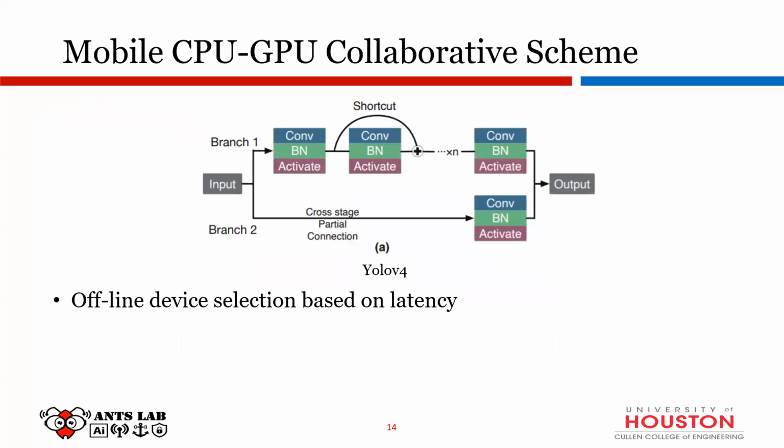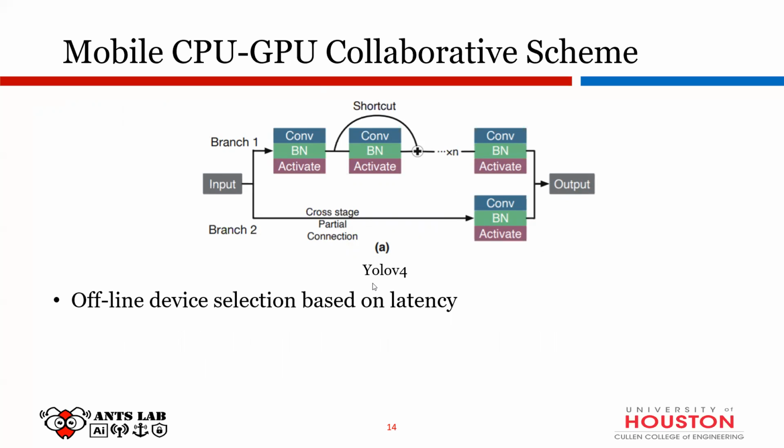And the next is the mobile GPU and CPU collaboration. Usually in mobile devices, such as a smartphone, the CPU and GPU can both be used for the inference.